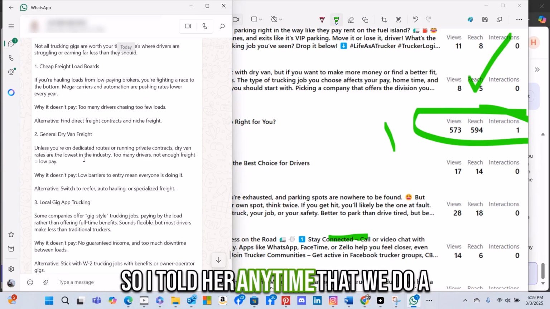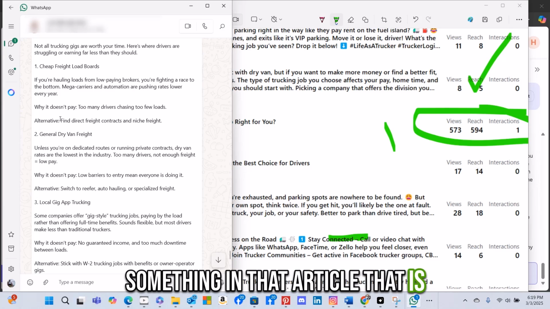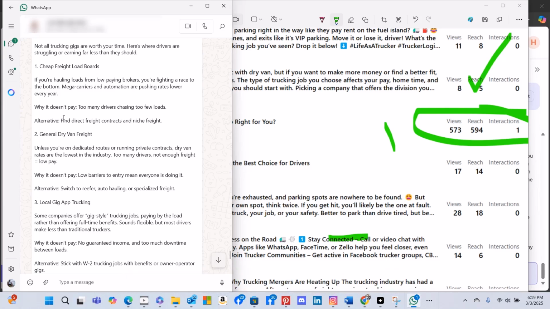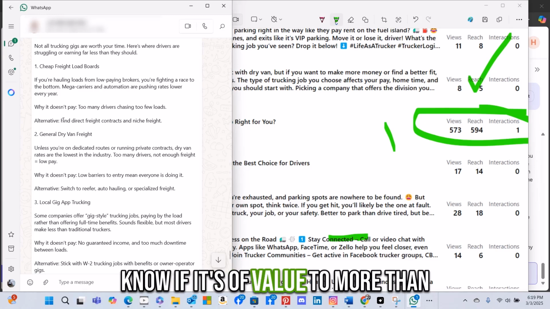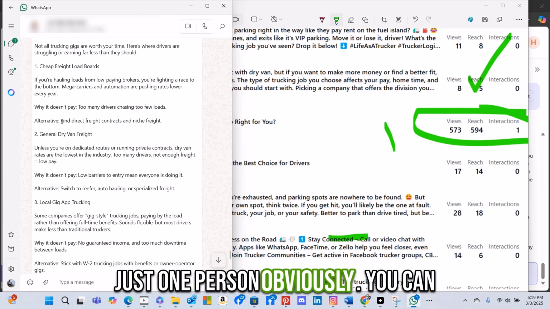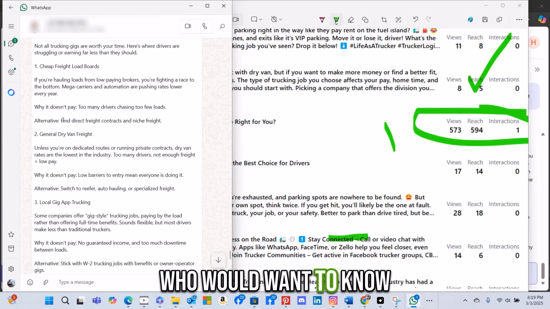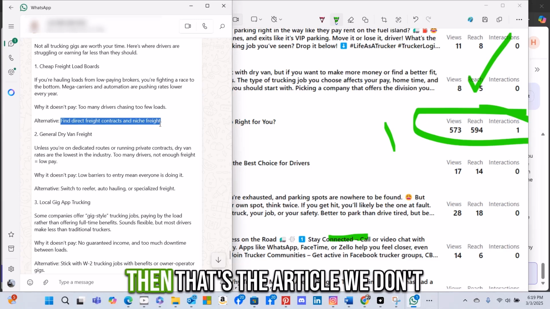So I told her, anytime we do a story or article and there is something mentioned in that article that a person would want more information about, if it's of value to more than just one person, and you can see that there would be many people who would want to know how to pursue that information, then that's the article.